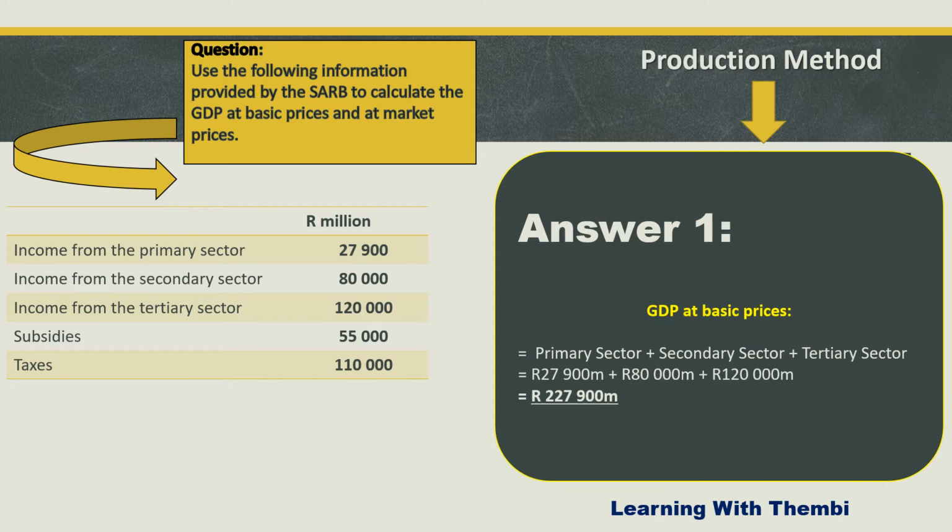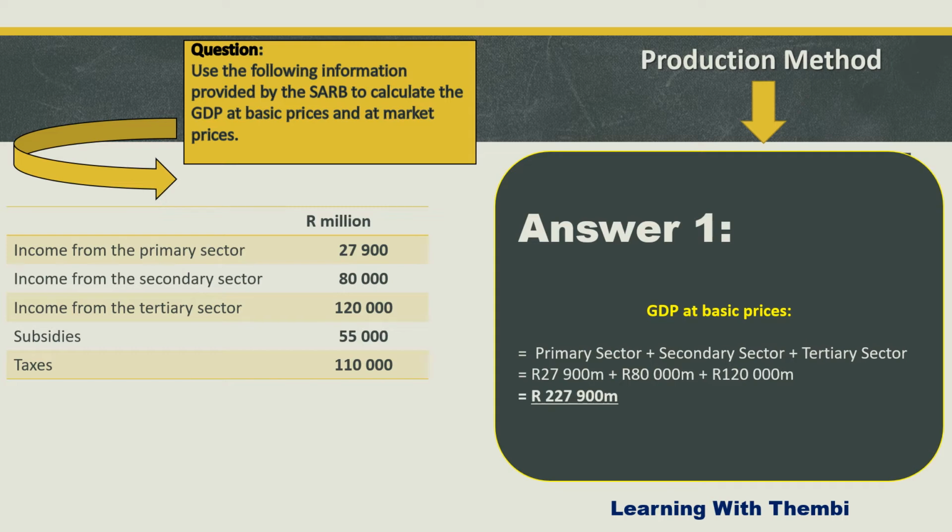So the income from the primary sector is 27,900 million rand. Then you're going to add the secondary sector income, which is 80,000 million rand, and then you will add the tertiary sector income, which is 120,000 million rand, and that will give you a total of 227,900 million rand, and that will be the GDP at basic prices.